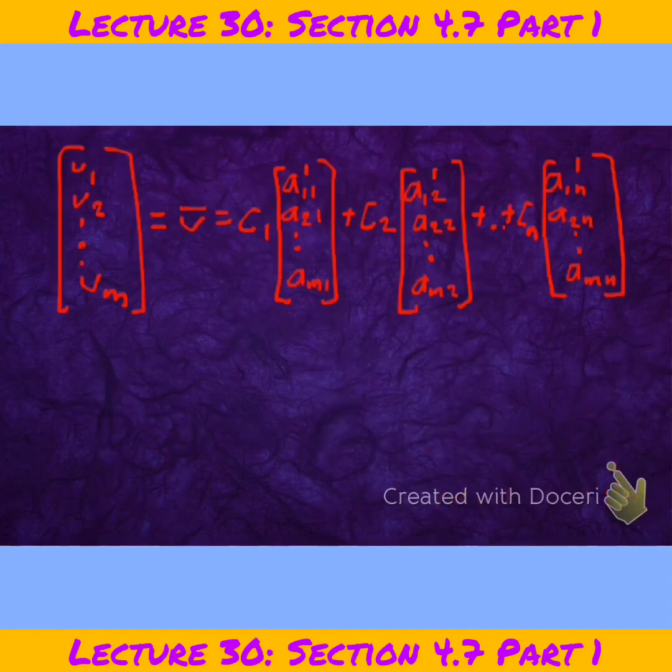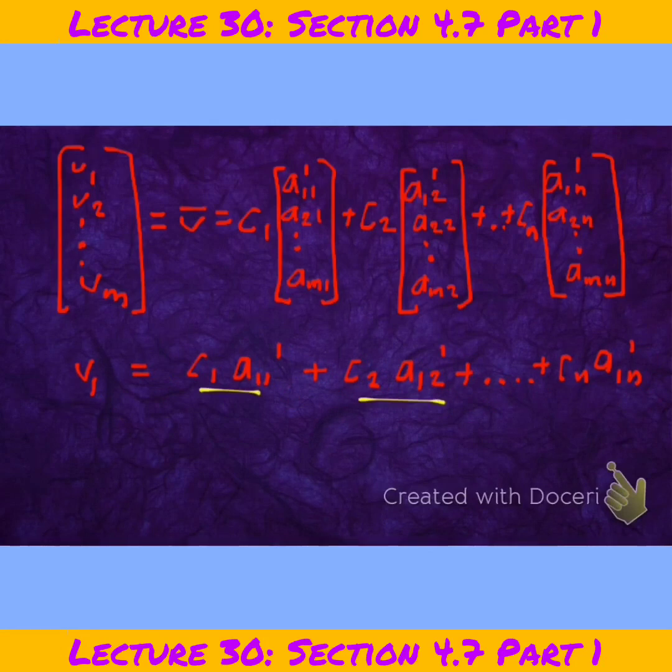Alright, so I'm interested in the first row of that matrix equation. So there we take V1 is clearly equal to C1 times that, C2 times that, up until there, and we get it from that part there.